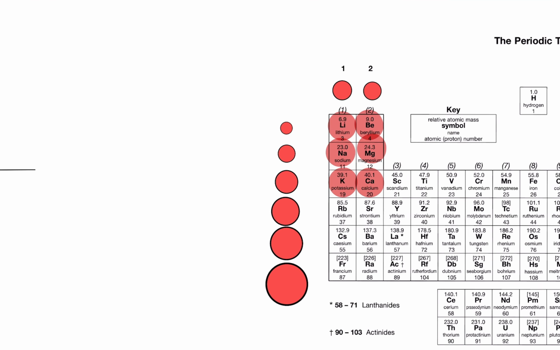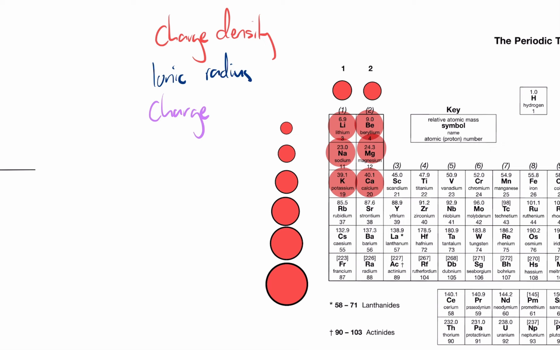So charge density, I won't go into too much detail. There we're thinking about ionic radius and we're thinking about charge. So the lower the ionic radius, the higher the charge density.